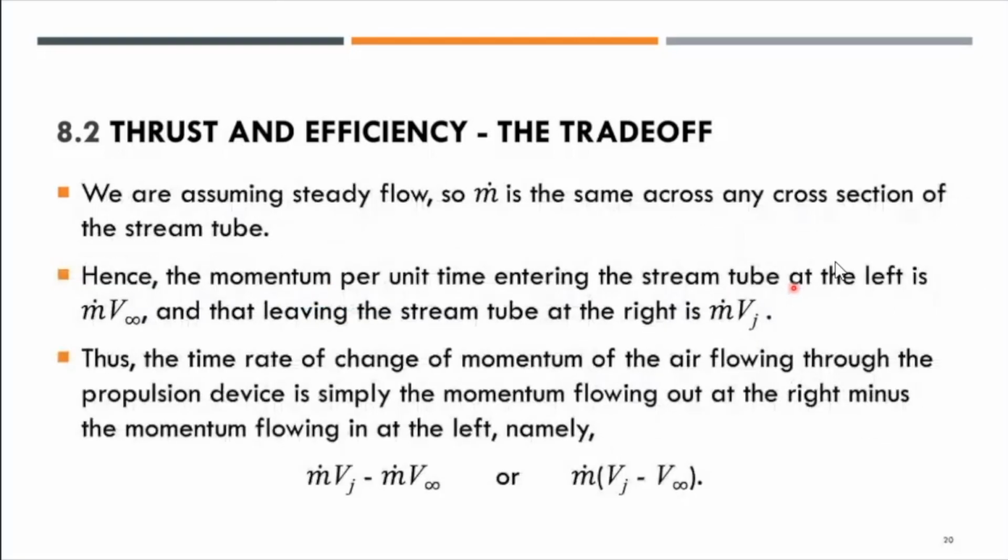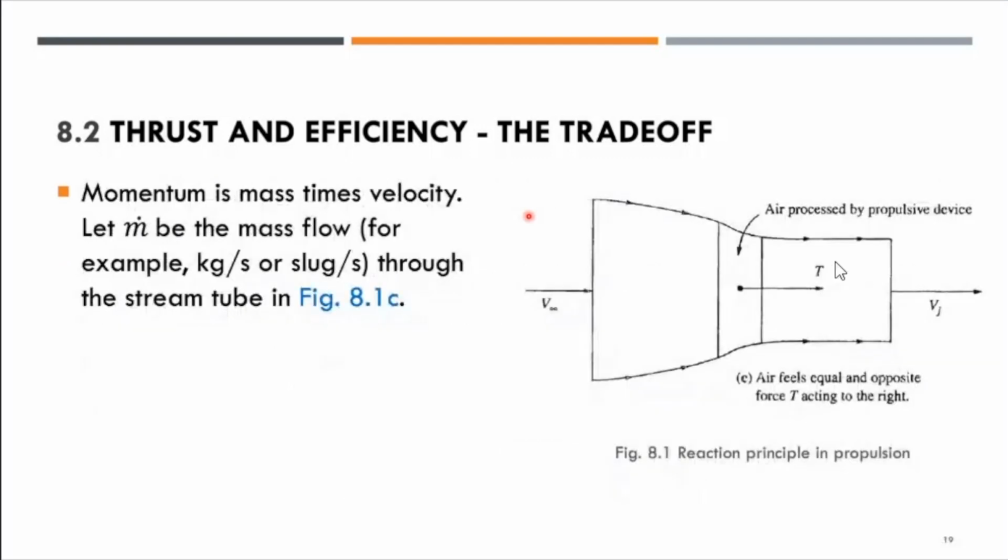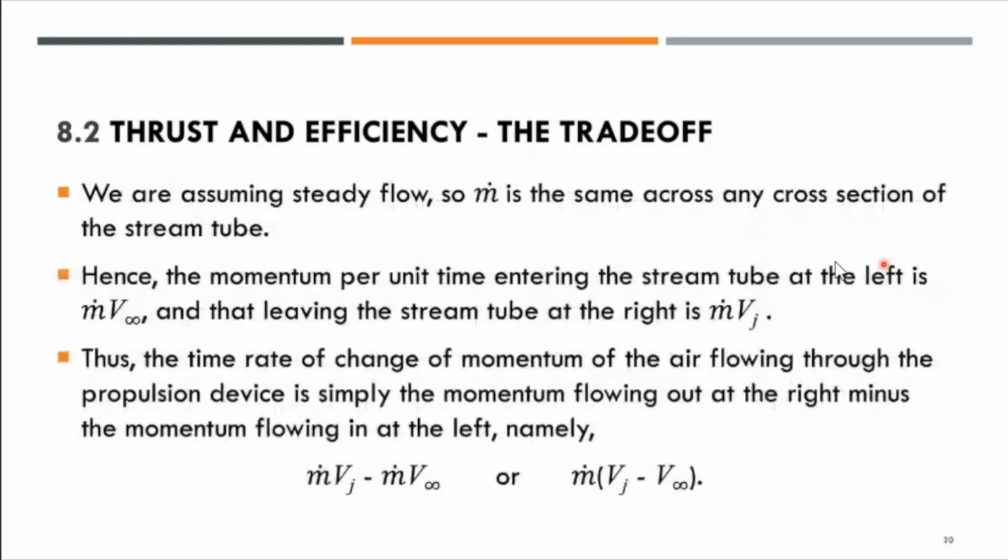We are assuming steady flow, so m dot is the same across any cross section in this stream tube, at the inlet and at the exit. So the value is the same.